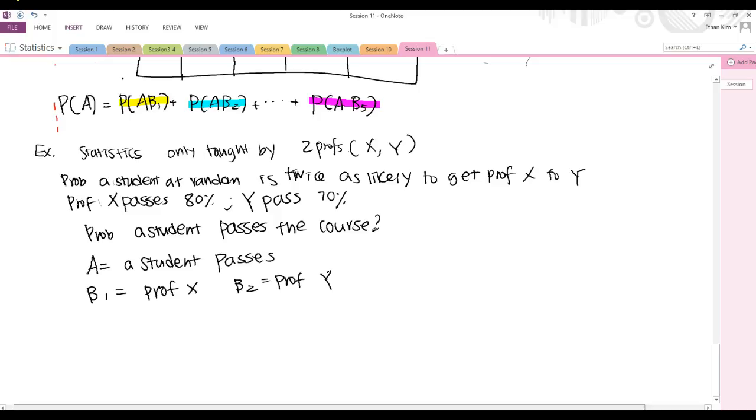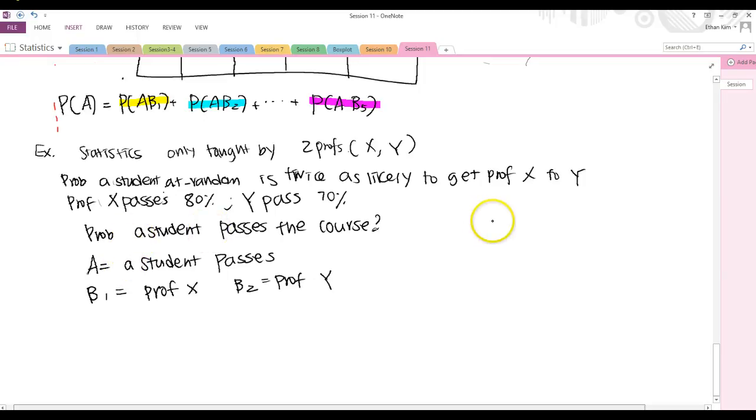Since we have the events assigned, let's look at the problem. It's asking for the probability that a student passes a course.